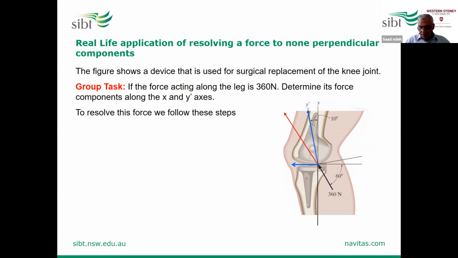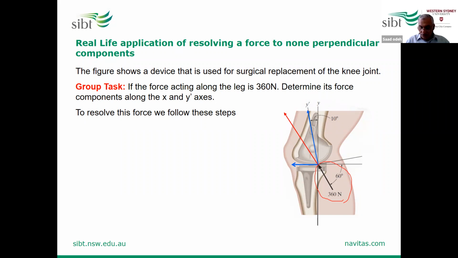In order to replace a knee joint, you need to design a proper artificial joint that can resist different types of forces. In this figure, you have a resultant force, or the force acting on the knee, 360 Newton. You want to find the effect of this force on different components.